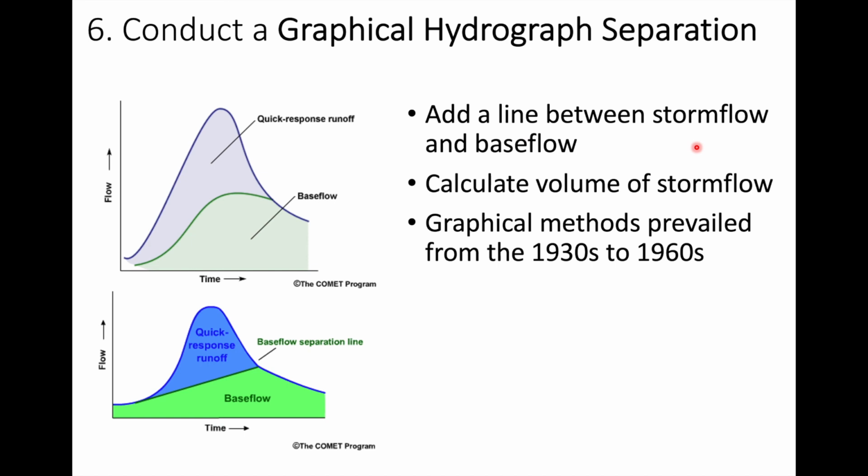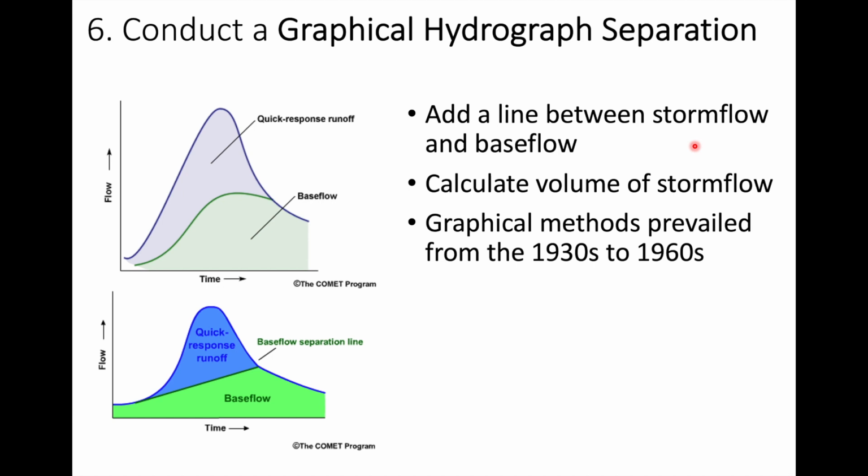So there are a couple ways we can do that, but the classic way of doing that is what's called a graphical hydrograph separation. Now, this isn't always drawing lines in actual graphic form. A lot of the time, this is writing code or writing equations to do it with your streamflow data.